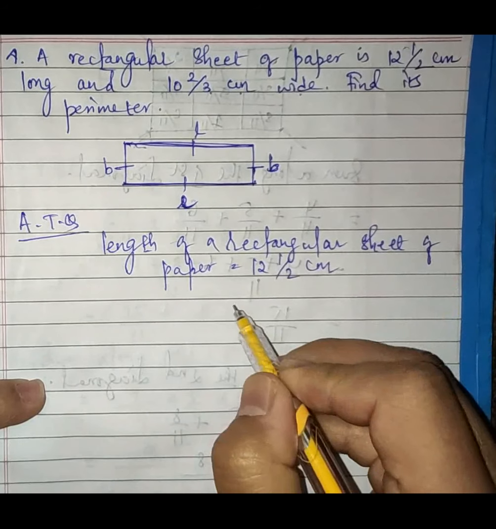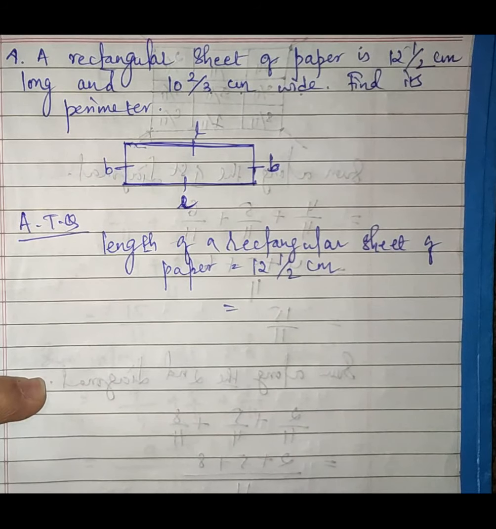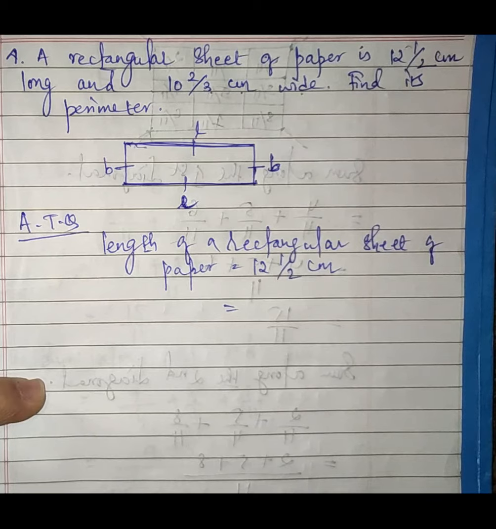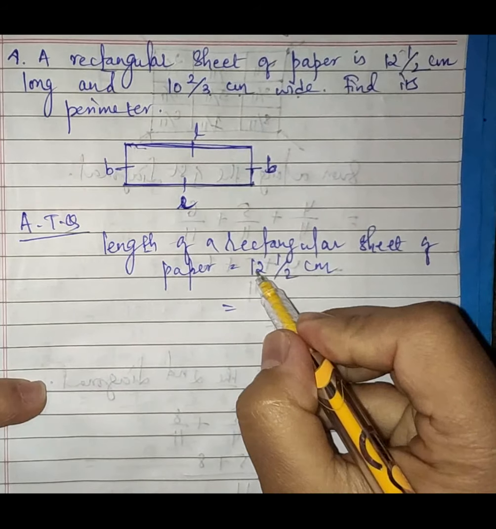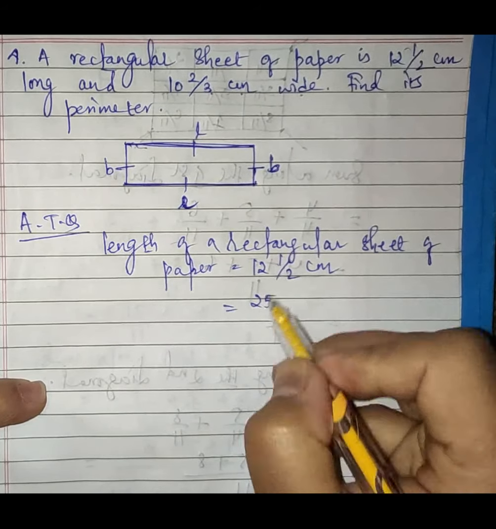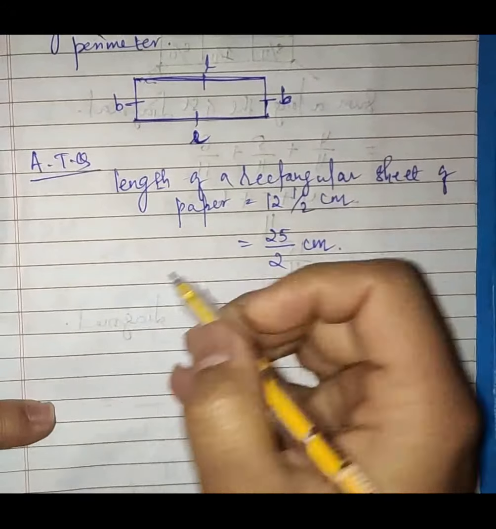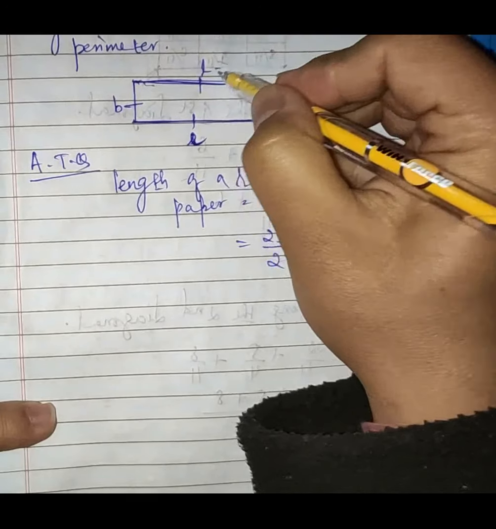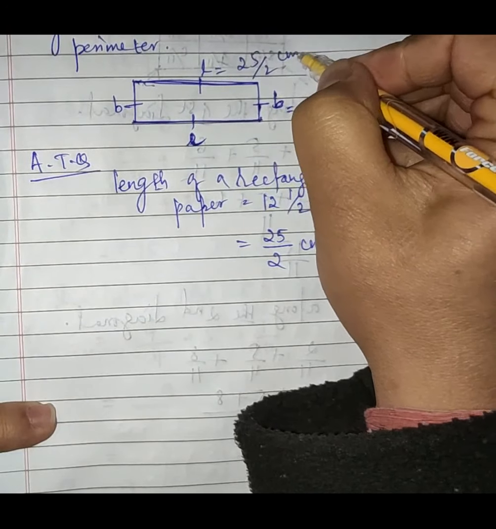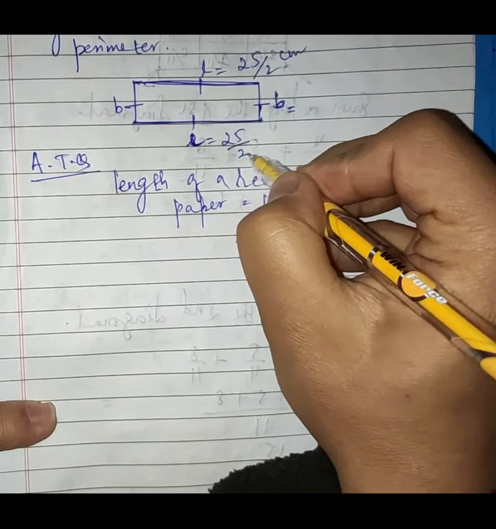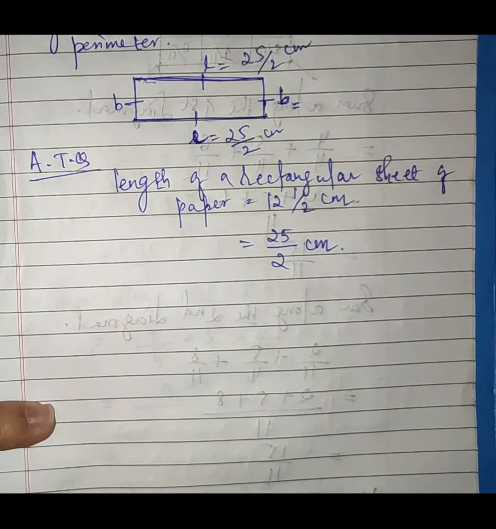It is a mixed fraction, so you have to convert it into a proper or improper fraction. So 12 twos are 24, 24 plus 1 is 25 by 2 centimeter. Alright, so this is our length, 25 by 2 centimeter.